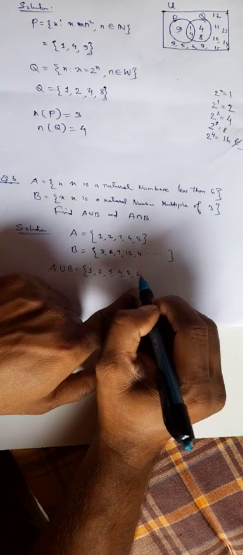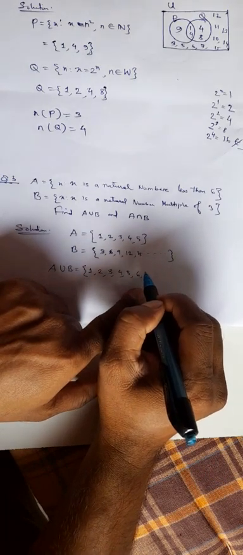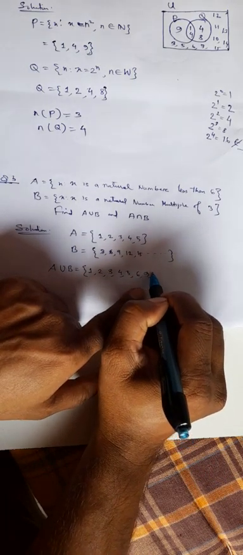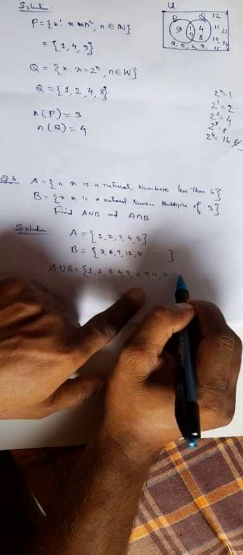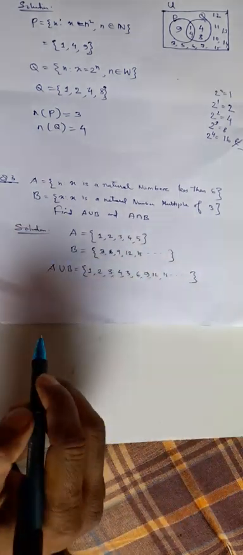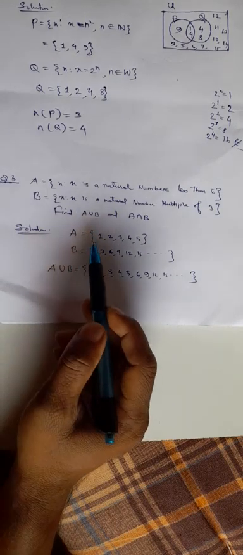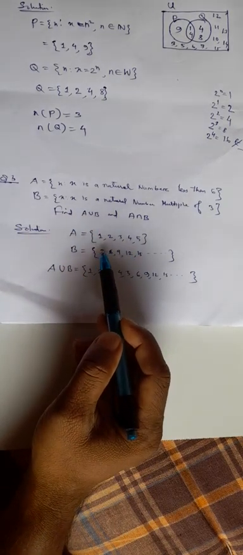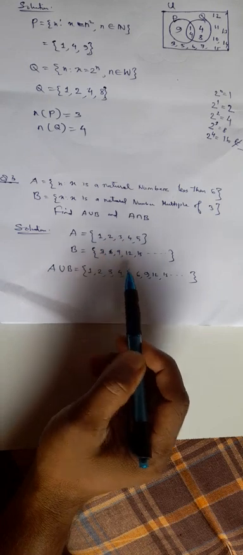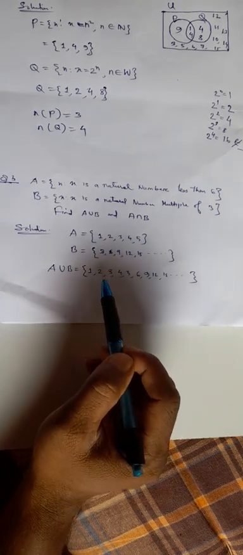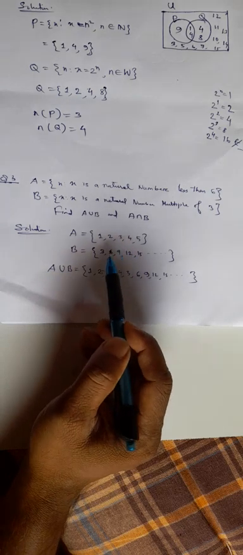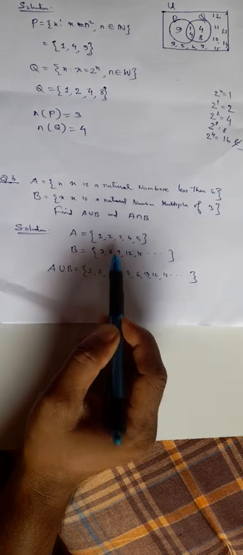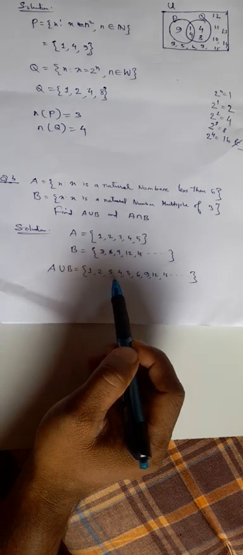And starting from 6, you will get only multiples of 3: 9, 12, 15, etc. Right? If you find the union of A and B, then you will have to write the elements of A and B combined together without repeating the same element. 3 is common here, we will not repeat it. So A union B is this set.